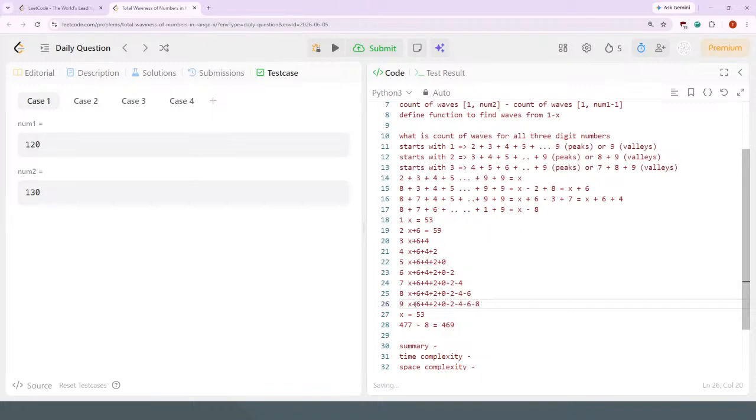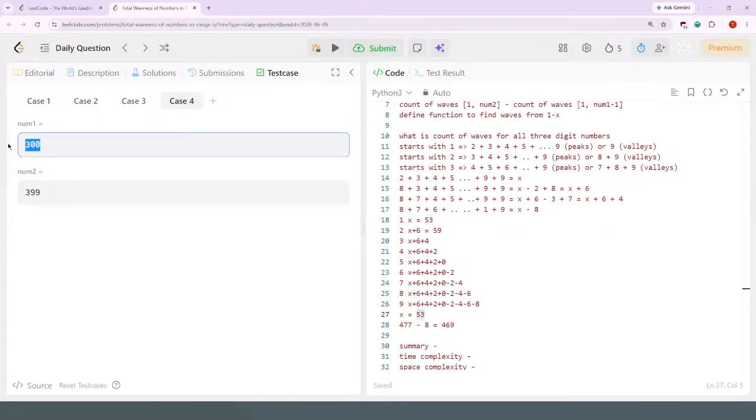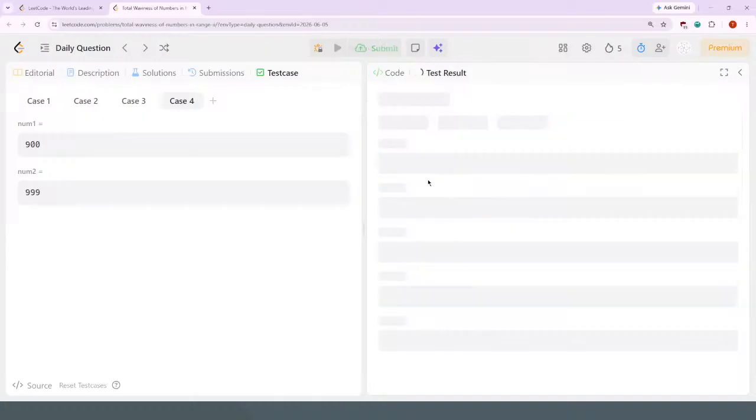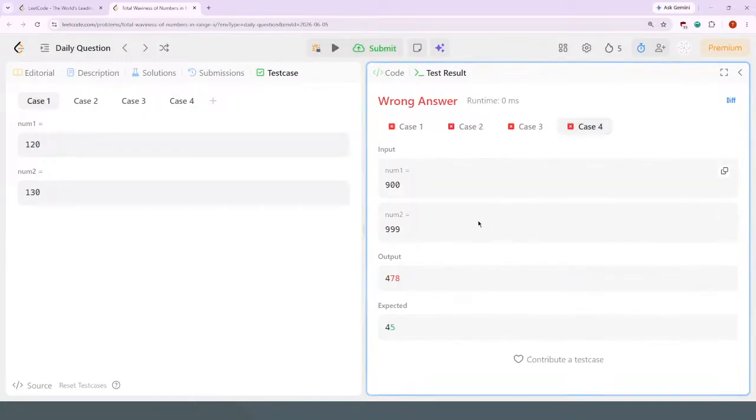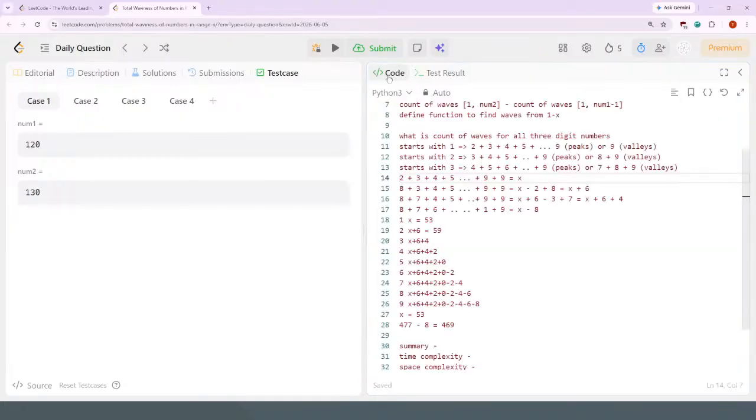So this eventually becomes just x minus 8. Should have been 45. And that should have been 45, which is what I got here. Yeah.